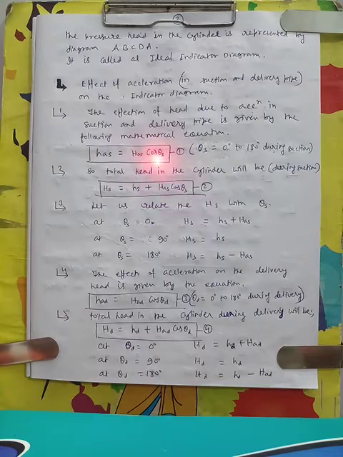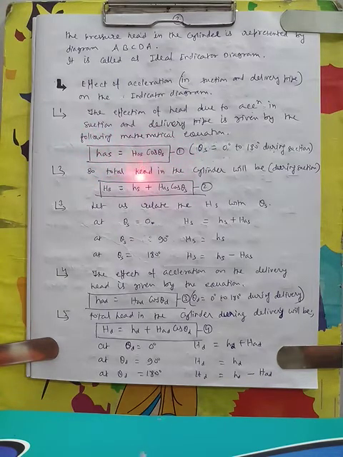capital HAS cos theta S. As theta varies from 0 to 180 degree during the suction stroke, the effect on the suction head will vary with this equation. This is the head addition due to acceleration on the suction head.